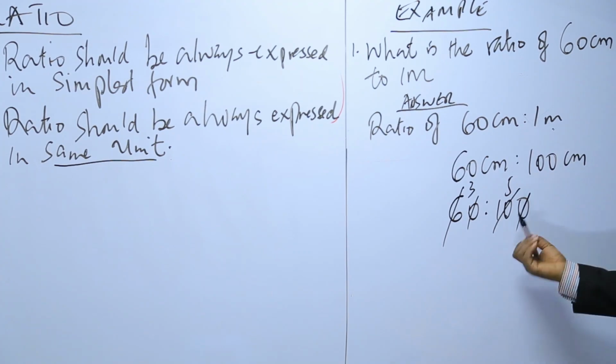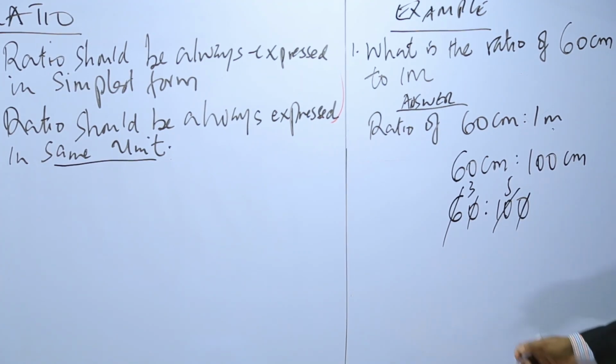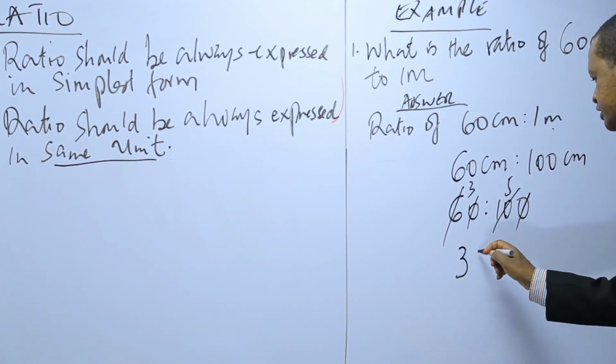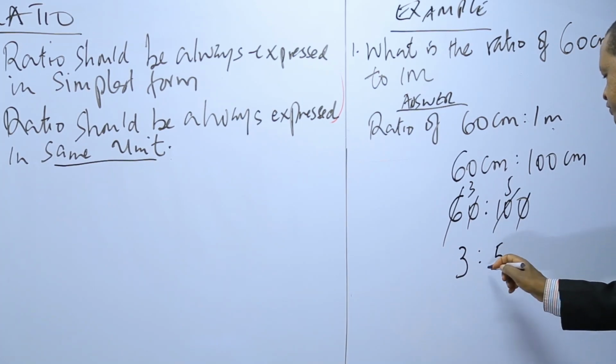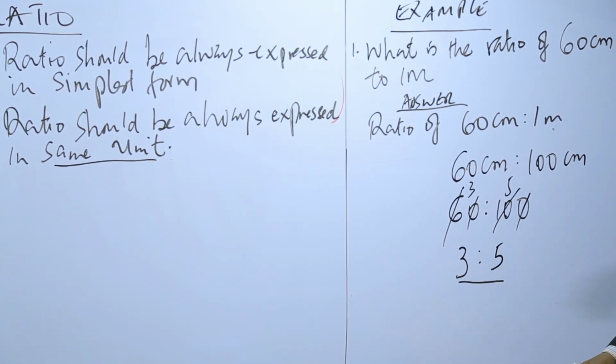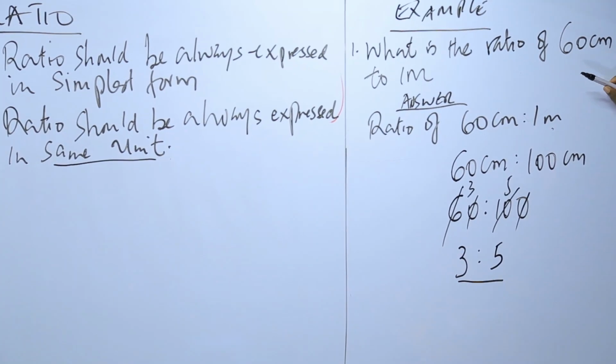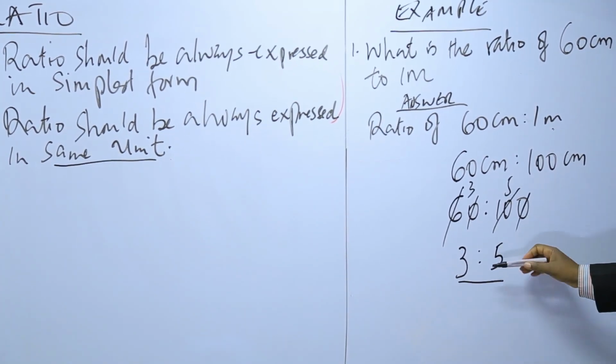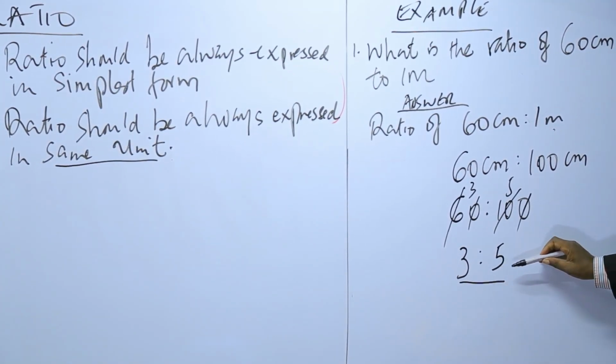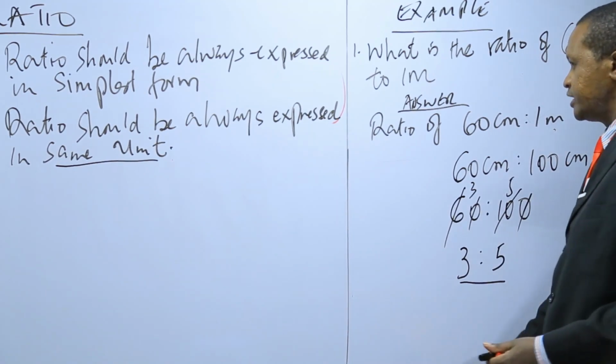Therefore, 60 to 100 in its simplest form is 3 to 5. So the ratio of 60 centimeters to 1 meter will be equal to 3 to 5.